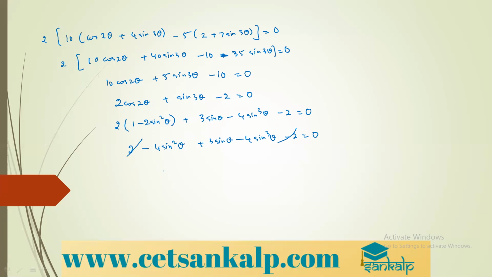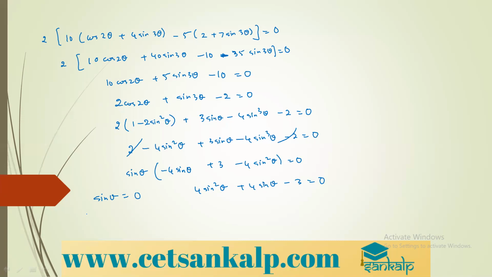I can take sine theta common. I will pull sine theta out: minus 4 sine square theta plus 3 minus 4 sine theta equal to 0. So sine theta is 0 and 4 sine square theta plus 4 sine theta minus 3 equal to 0.